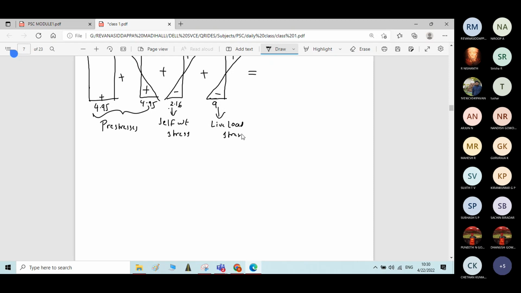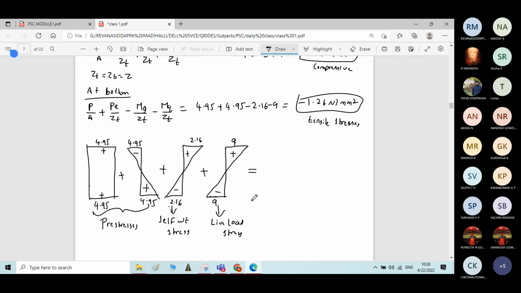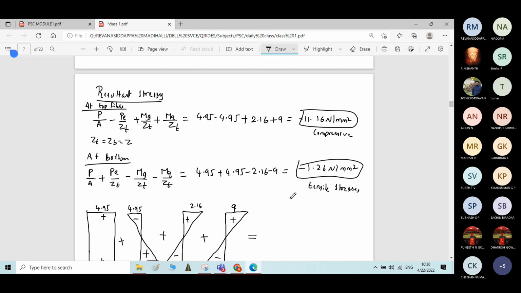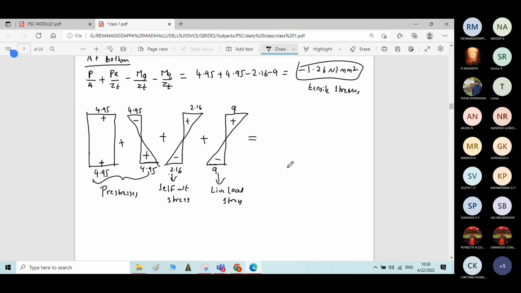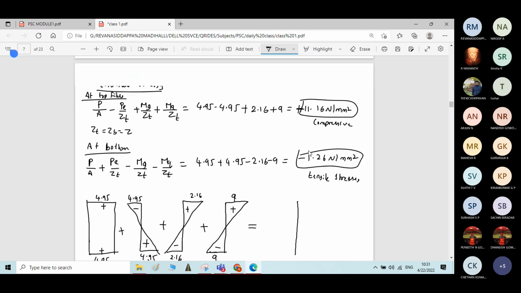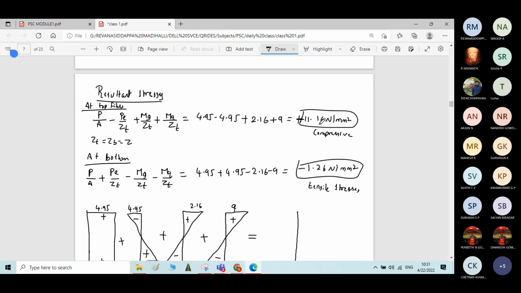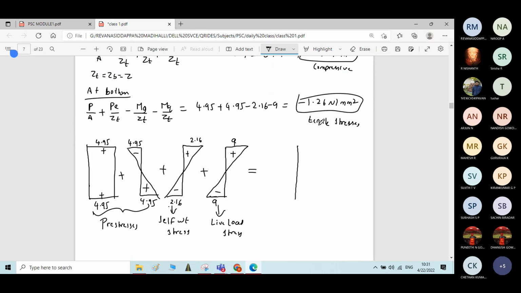Now you can write the resultant stress diagram. The nature of the resultant stress diagram depends on the values we got. At the top fiber we got a positive sign, which is nothing but compressive. I'll write the reference line now. At the top fiber we got plus 11.16. At the bottom fiber we got minus 1.26.